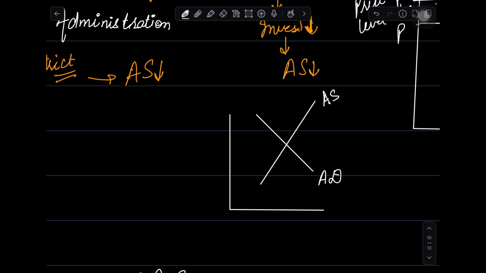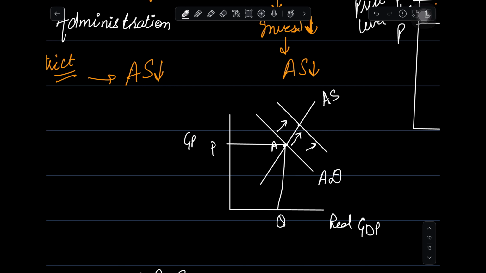So because of some reason, the aggregate demand curve increased. Earlier we were at point A. Real GDP was Q, whereas the general price was P. But because of the increase in aggregate demand, we moved from point A to point B, hence increasing the quantity as well as the price.